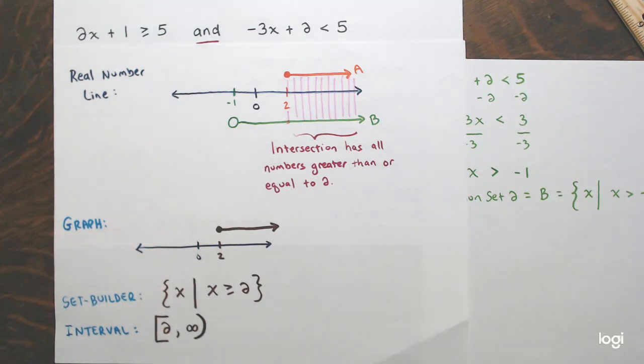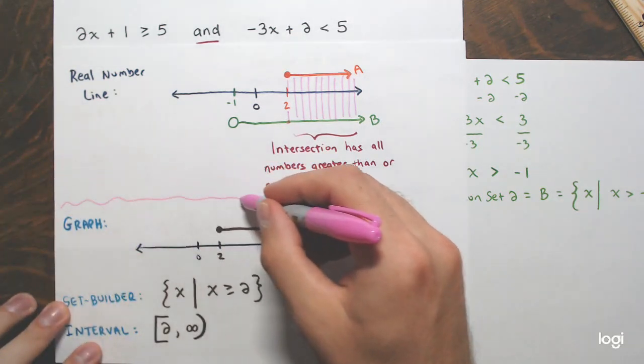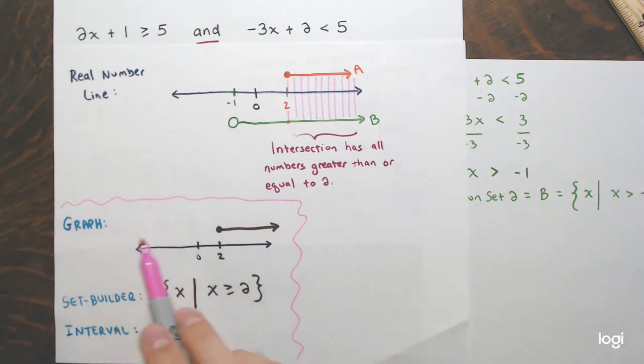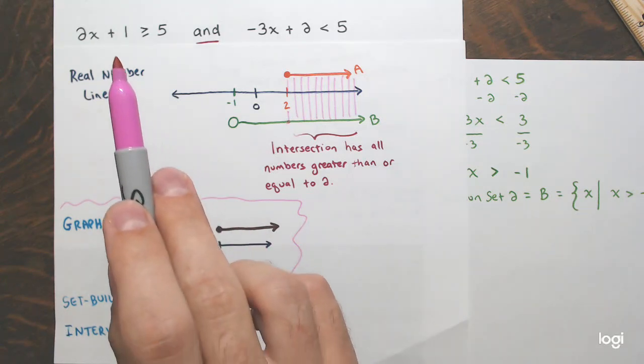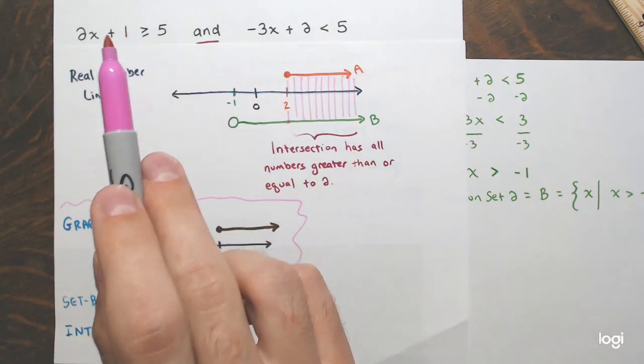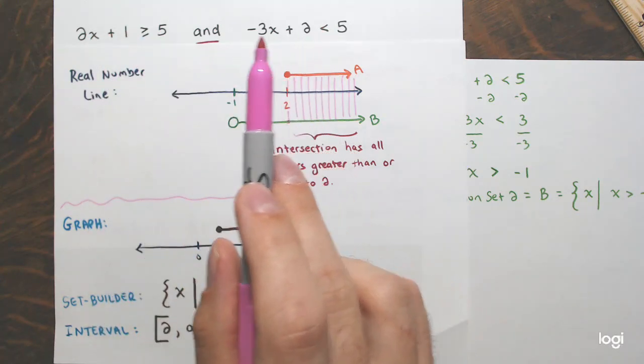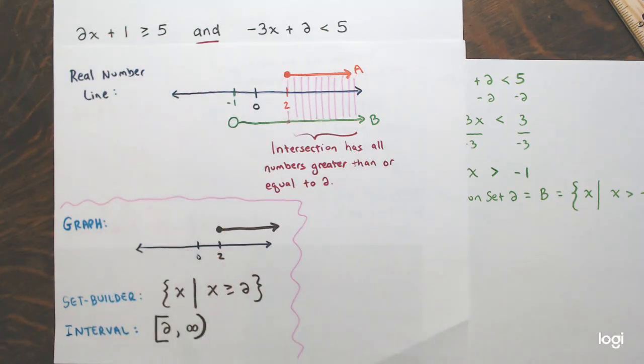Wonderful. So all of these in this box, all 3 of these, mean the same thing. They represent the same set of numbers, all the numbers 2 and greater. And all those numbers, 2 or greater, pick any one you want, make both of these inequalities true, this one and this one. They satisfy this compound inequality.